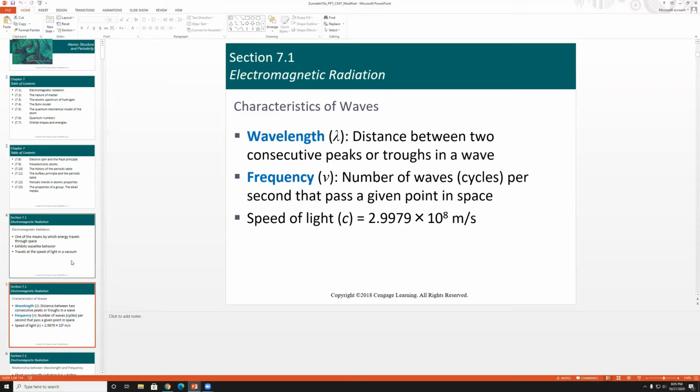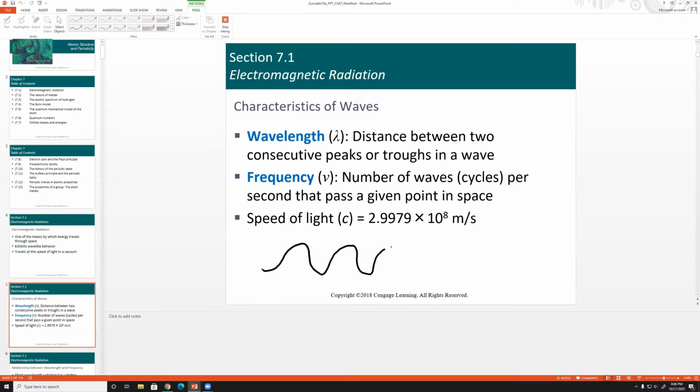So a wavelength is the distance between 2 peaks in the wave. What that means is, let me get my pen out. If you were to put the wave on a graph, it would look like that, like a sine wave, cosine wave, that's a wave.